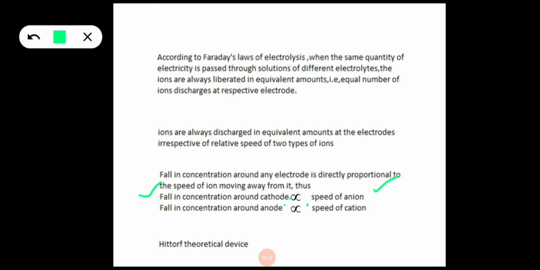In the same way, the fall in concentration around the anode is proportional to the speed of the ion which is going out of it. If more ions are going out of that compartment, then there will be more decrease in the concentration in that compartment. The ion going out of the anode compartment is the cation, so it is proportional to the speed of the cation.